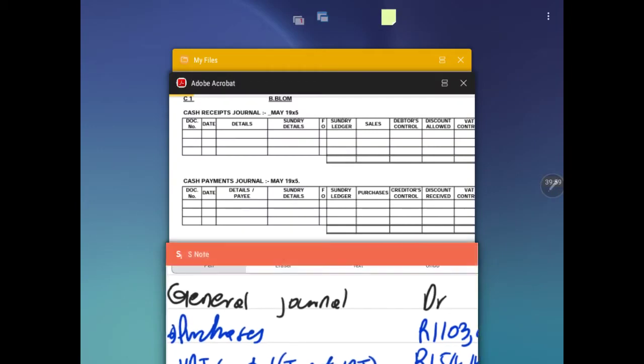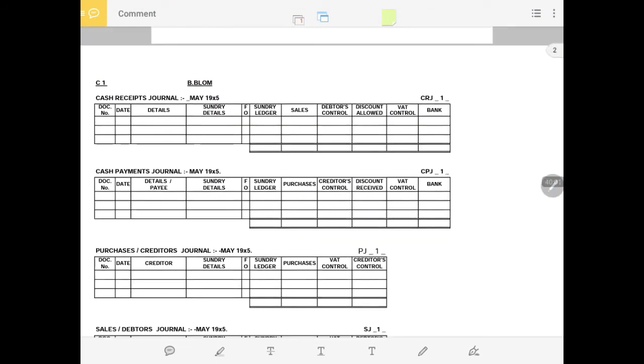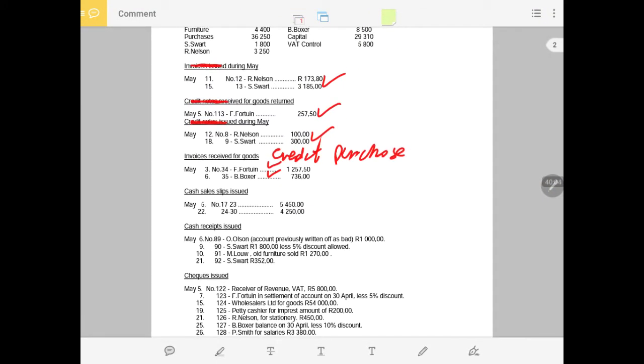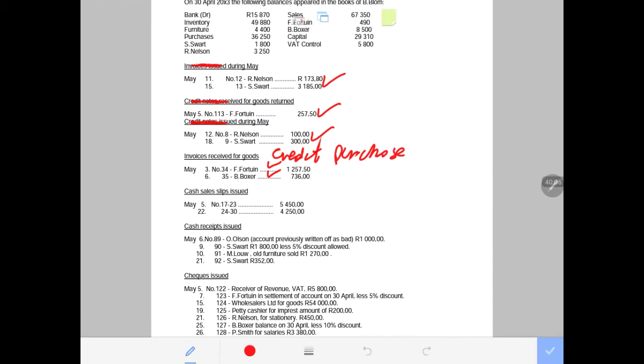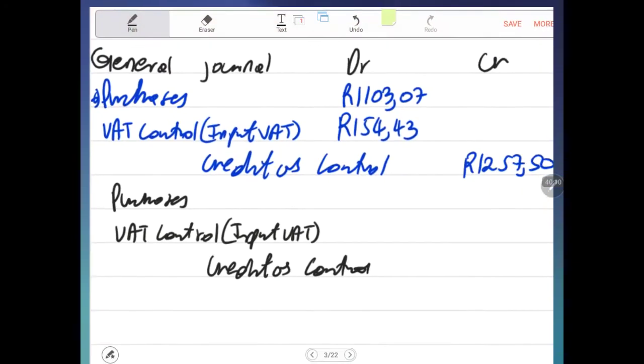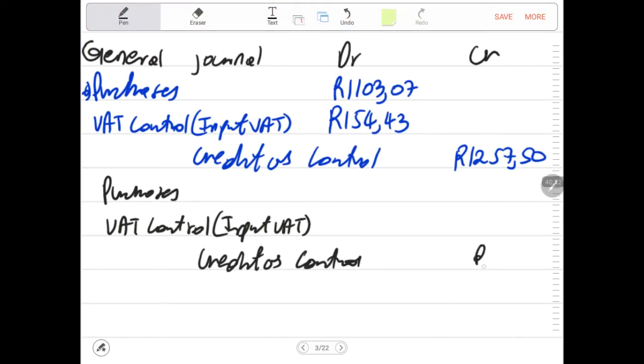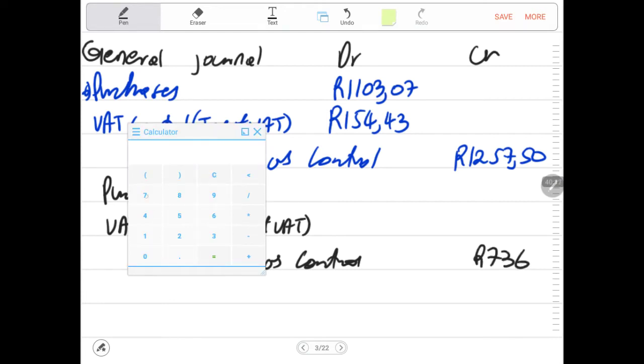Let us look at the amount that we bought inventory on credit for from the supplier B Boxer. It is 736. So now we record 736 and we say this 736 includes VAT. We need the 100% of this figure before 14% was added.